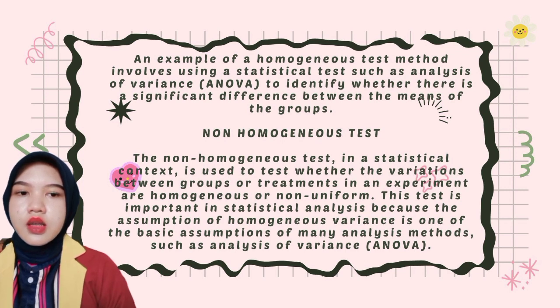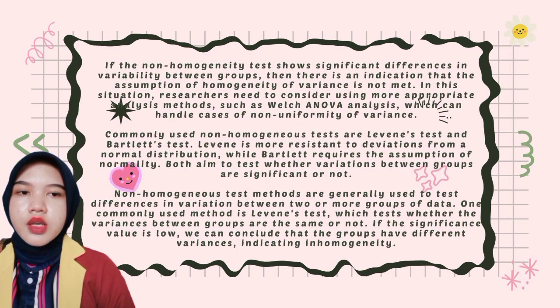This test is important in statistical analysis because the assumption of homogeneous variance is one of the basic assumptions of many analysis methods such as analysis of variance, ANOVA. If the non-homogeneity test shows a significant difference in variability between groups, then there is an indication that the assumption of homogeneity of variance is not met.